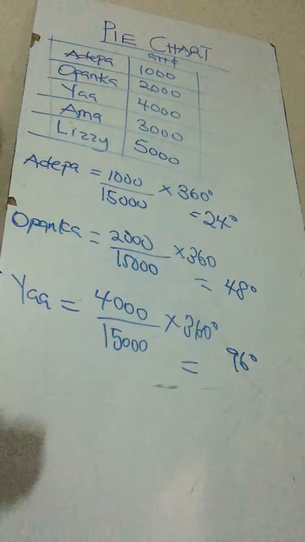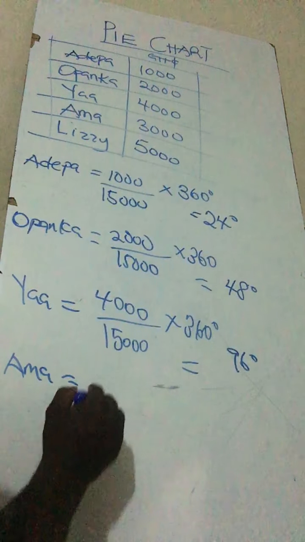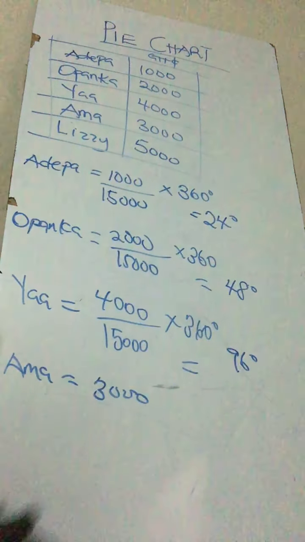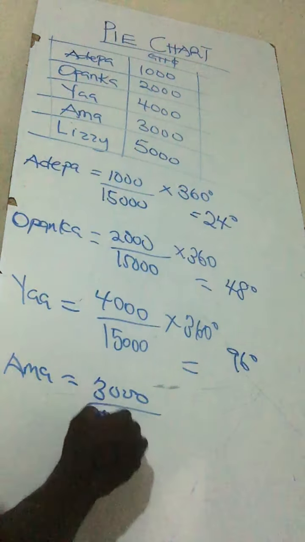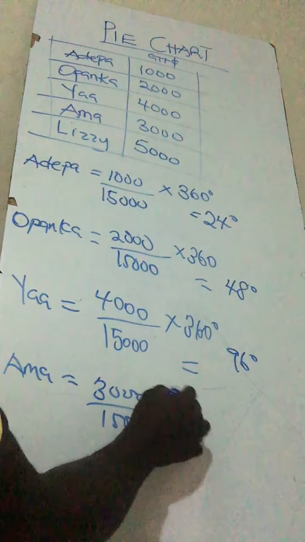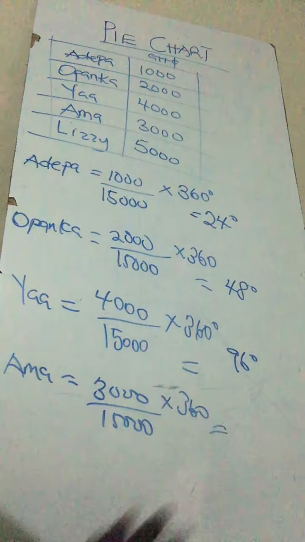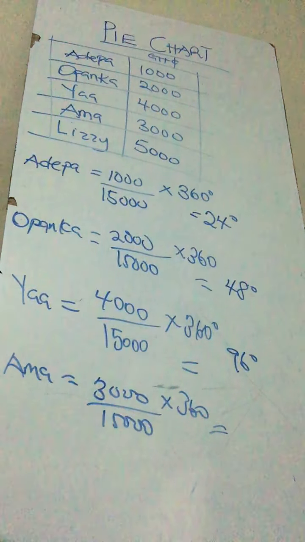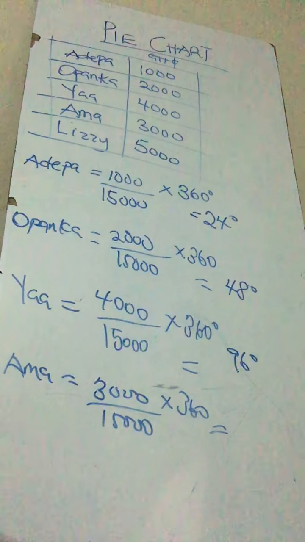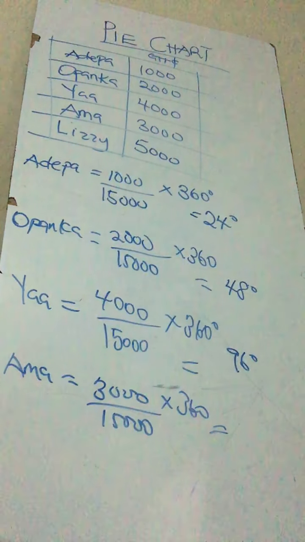Now you do the same for Amma. Amma's money is 3,000 over 15,000 times 360. 3,000 divided by 15,000 times 360 degrees.